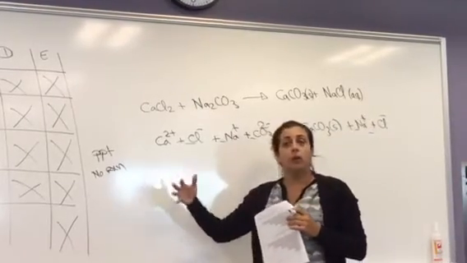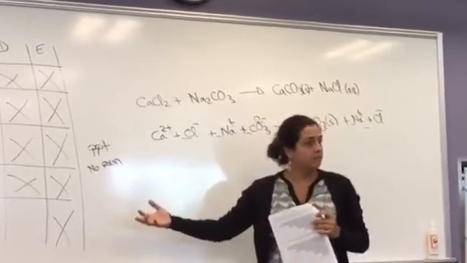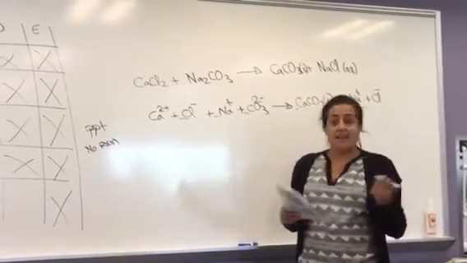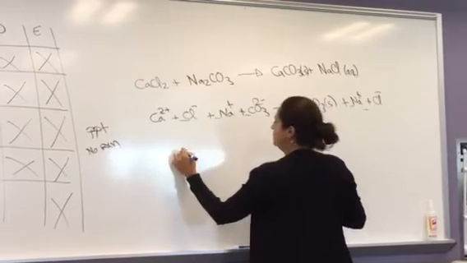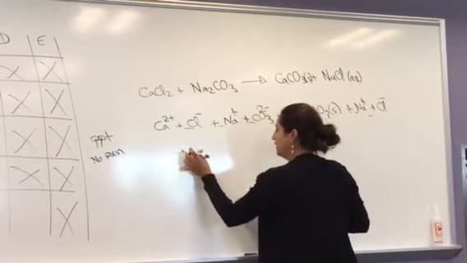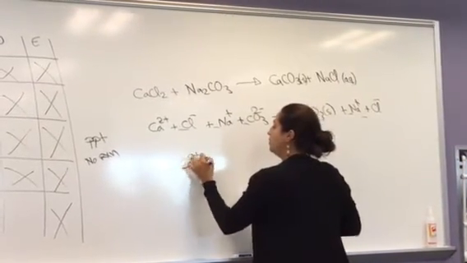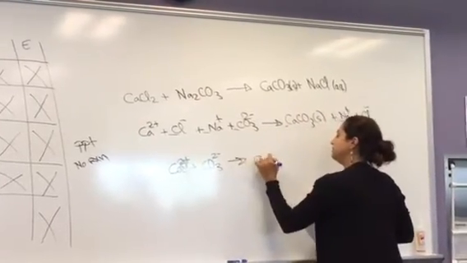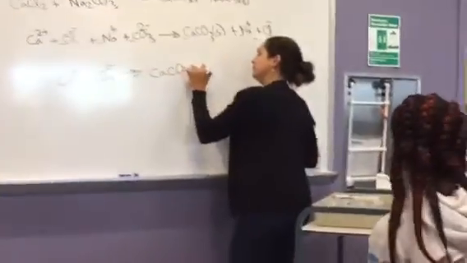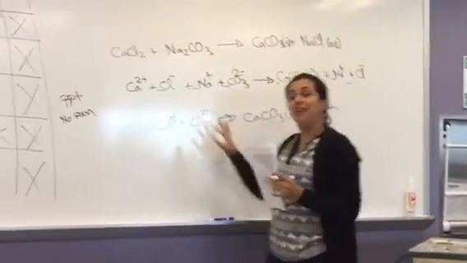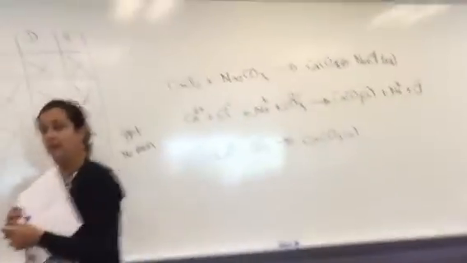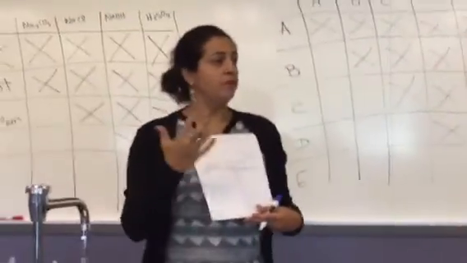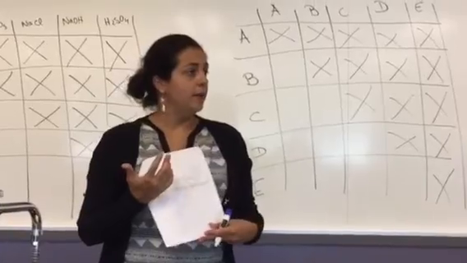That will be your complete ionic equation. And what do we do next? The net ionic equation, which is going to be calcium 2 plus plus carbonate to give you calcium carbonate. So you're going to do these 3 sets of equations for 5 of them. 5 equations. All right?